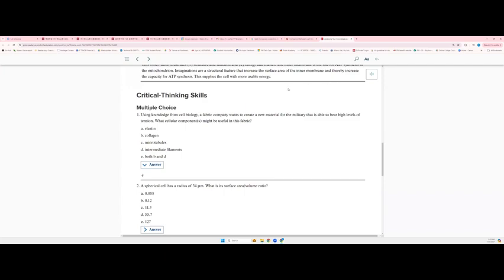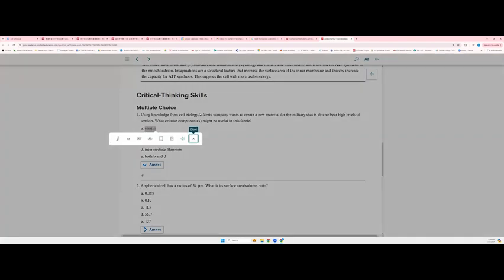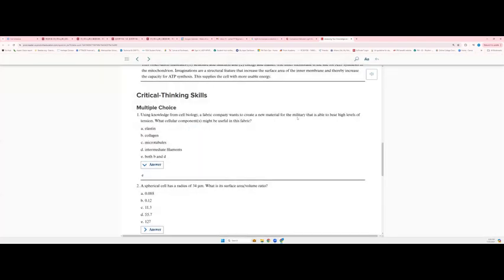And then intermediate filaments, because a filament can move, right? It can stretch. That's why we use B and D. But for elastin, this is a fabric to create material with a high level.